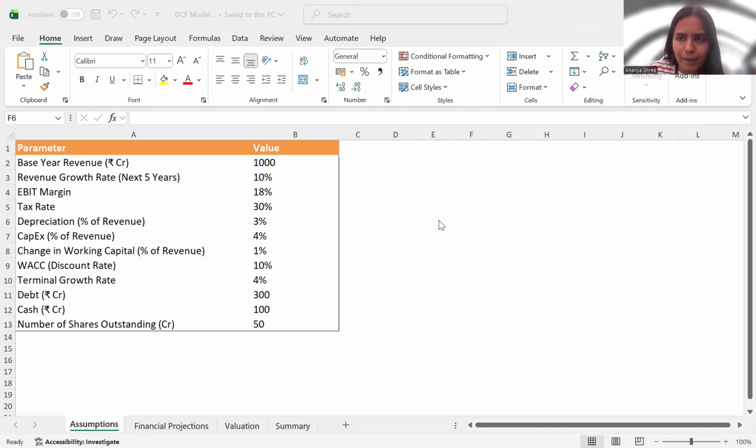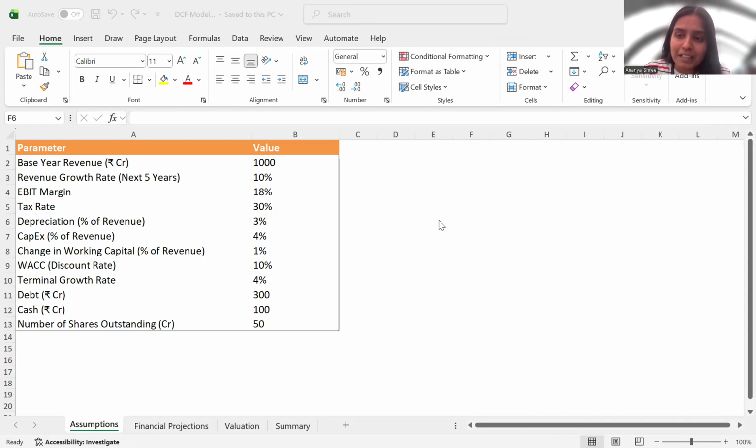So we will build a 5-year projection for revenue, EBIT, NOPAT, depreciation, capex, working capital, and free cash flow. Then calculate terminal value using Gordon growth, and discount the cash flow and terminal value to present value using WACC.